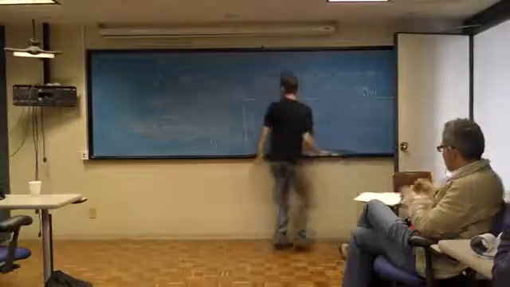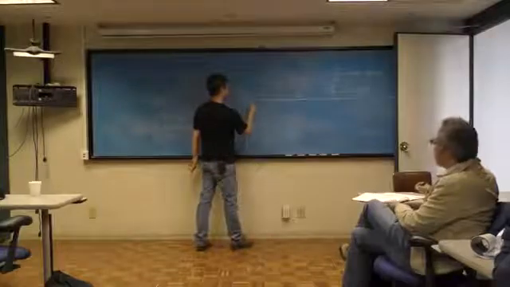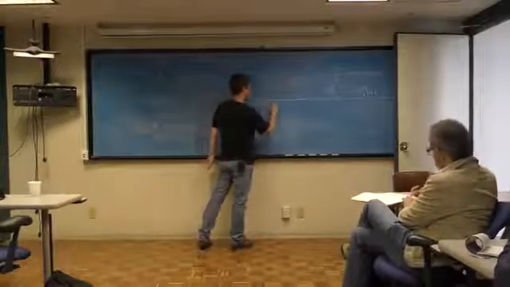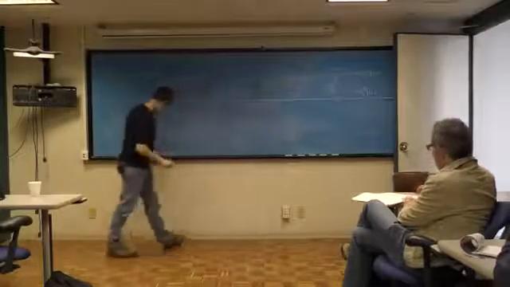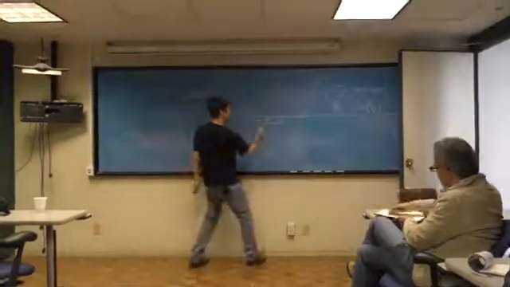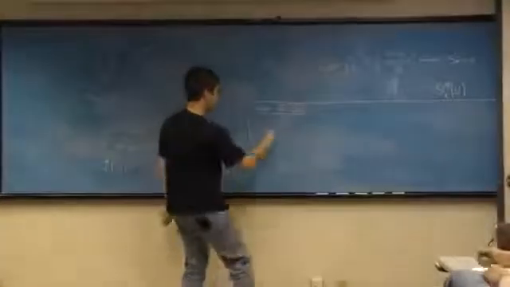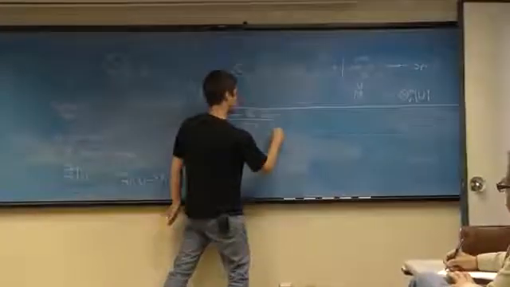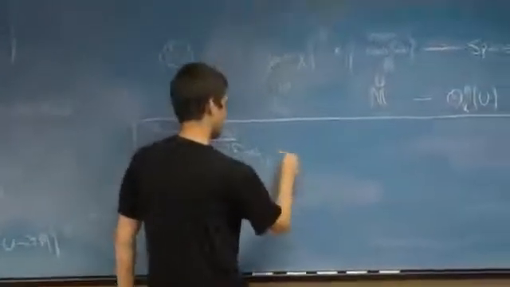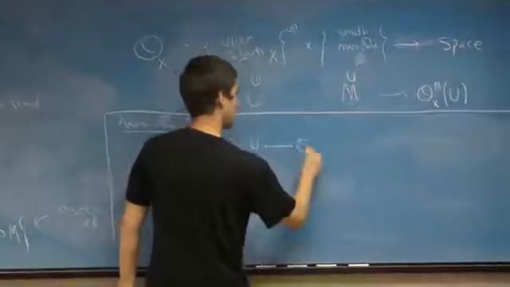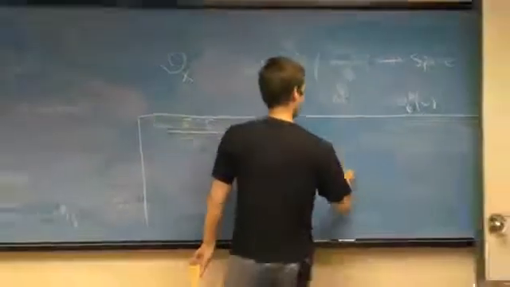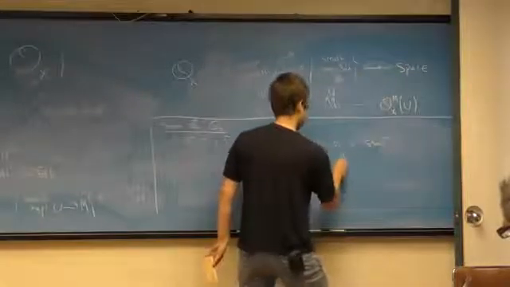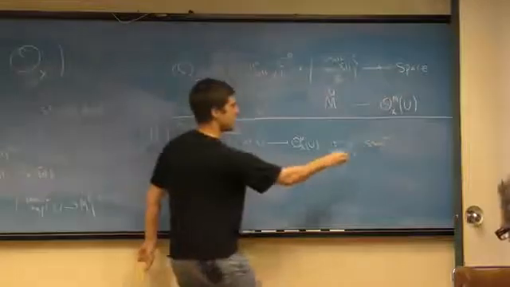The first axiom is that, if M is fixed, then the construction U goes to O_X^M(U) is a sheaf on X. And when I say sheaf, maybe I should put a little star here.